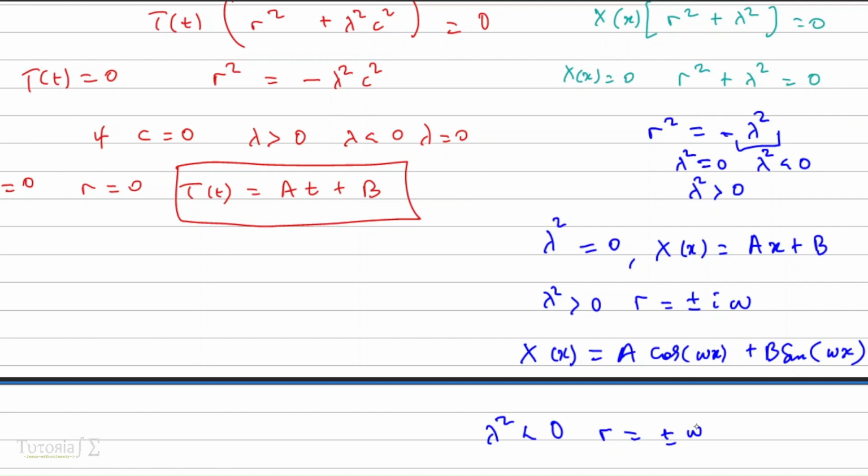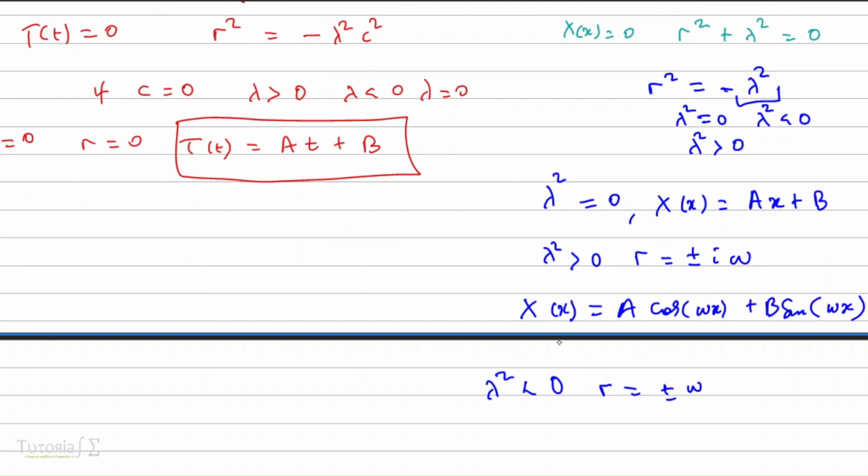Then for X of x, when it's a positive number, it's a e to the r1 x plus b e raised to r2 x.